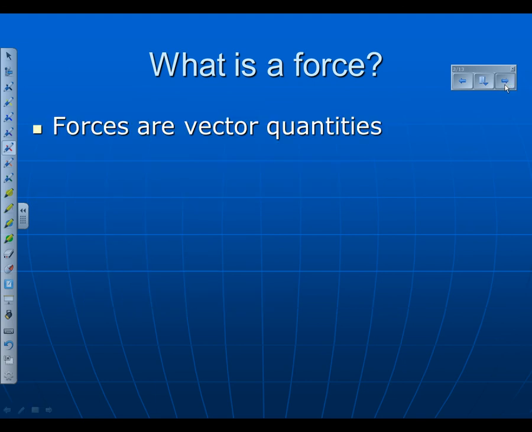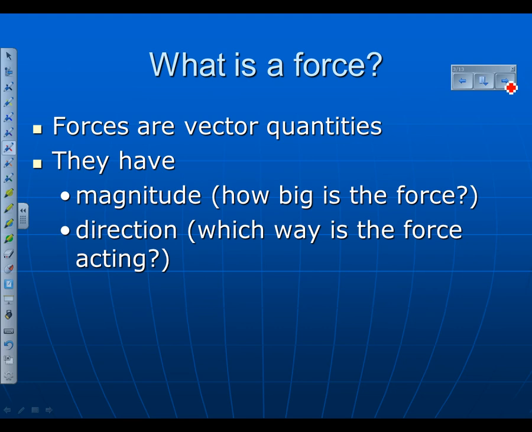Forces are vector quantities, meaning they have to tell us 2 things, right? What do they have to tell us? Magnitude and direction. When we talk about magnitude in this case, we have to talk about the how much. And when that relates to forces, that is the how much are we pushing or pulling.